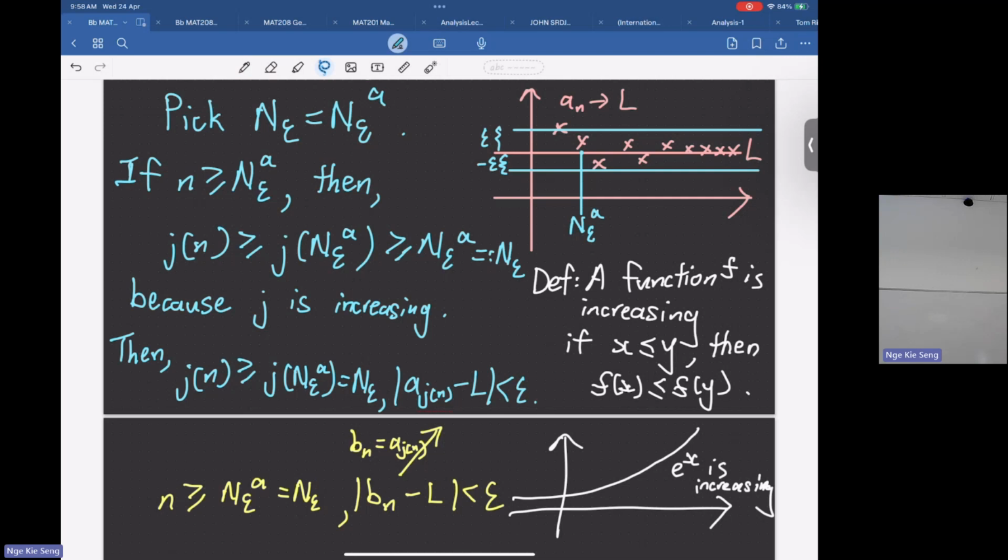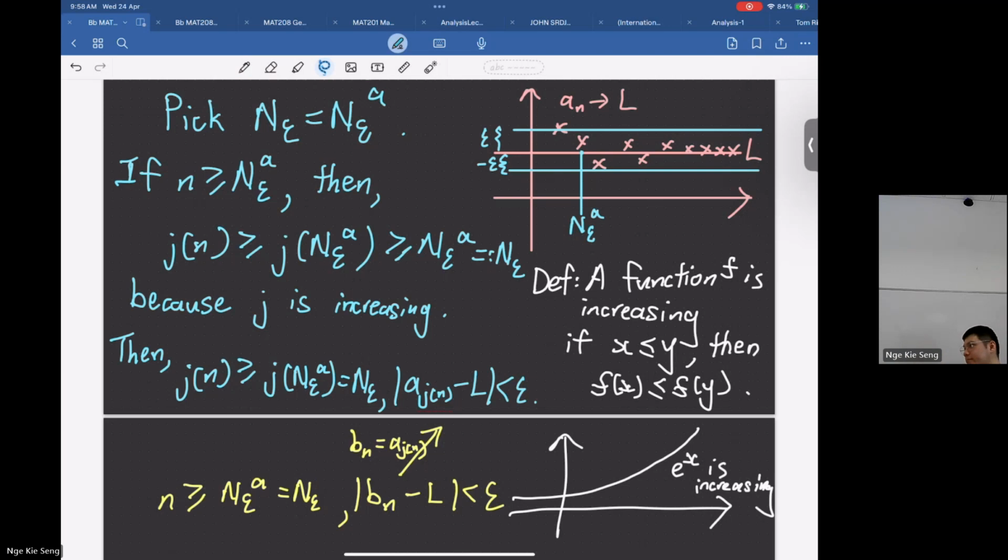It's always true. Increasing function. How to show this is true? Let me think.